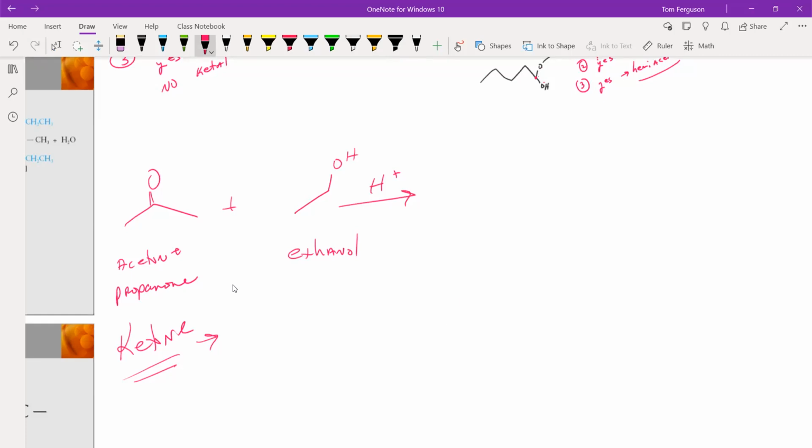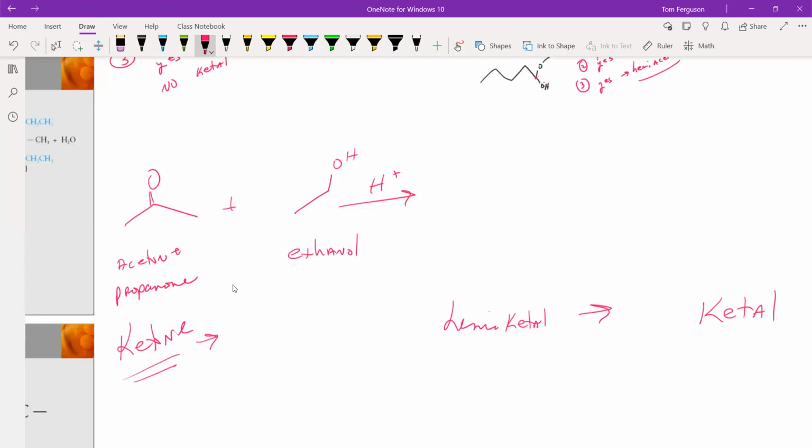So the ketone goes to the hemi, then it goes to the full ketal. All right, so the first step is the hemiketal in this case.